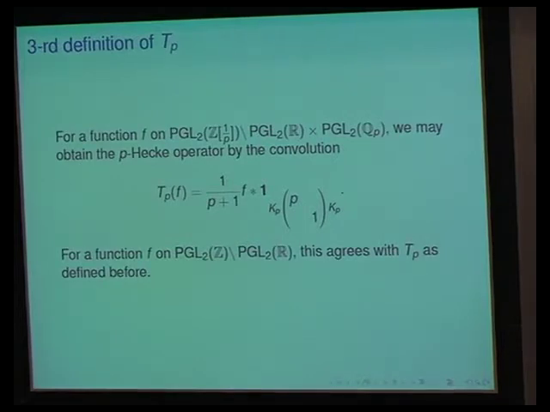And this third definition is you take this weird looking set and you consider its characteristic function. That's a nice continuous integrable function on the p-adic group. And then whenever you have a continuous integrable function on your group and you have a group action of that group on the space, you have a convolution operator associated to it.